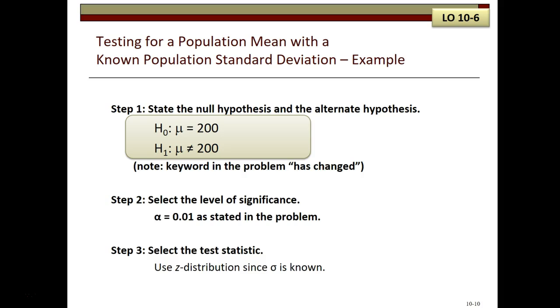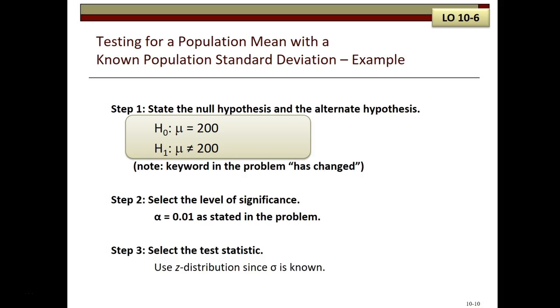That would be my null hypothesis. Remember, there's a no or a not. The alternative is it's not 200, it's either way less or way more. The significance level was stated in the problem, 0.01, and we know it's going to be a z because the population standard deviation is known.